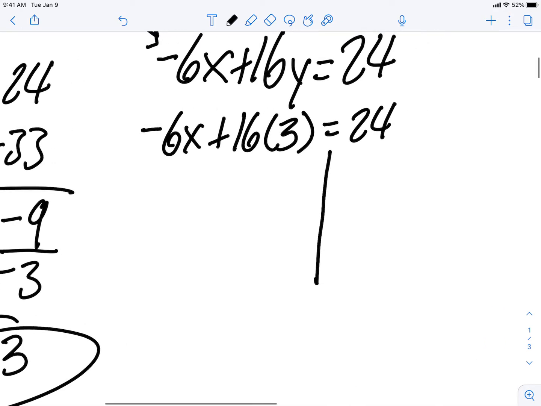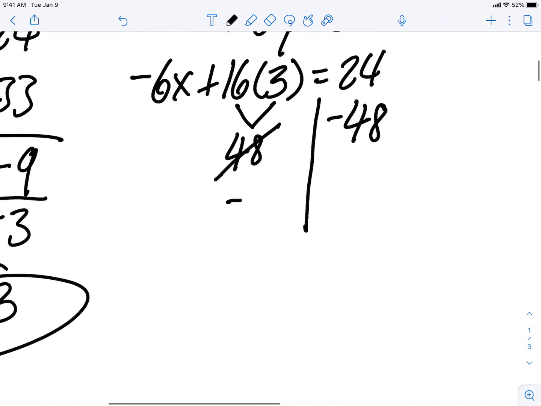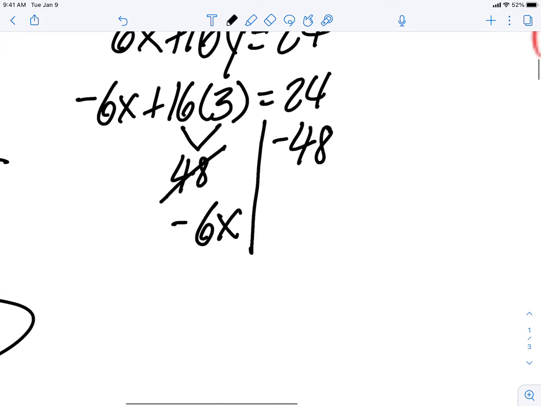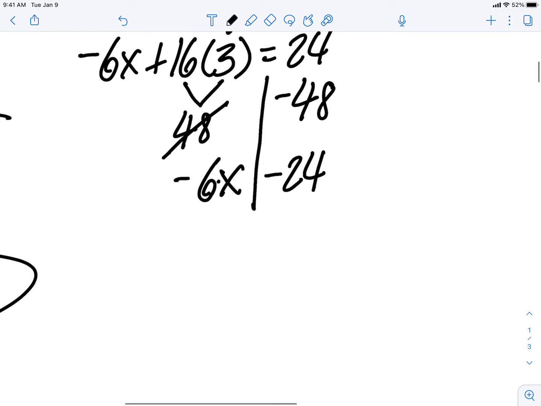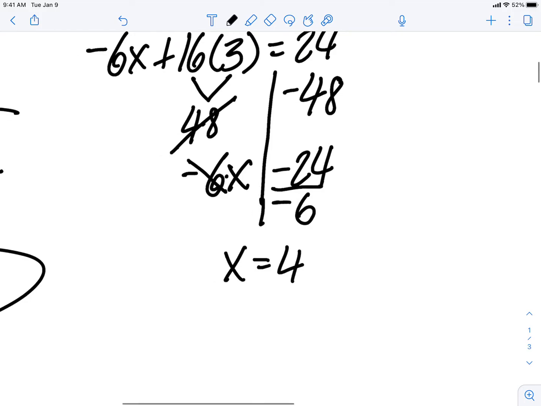Draw my line of separation. 16 times 3 is 48. Immediately move 48 over and make it a negative 48. Negative 6x equals 24 and a negative 48, which is negative 24. The opposite of multiplying by negative 6 is dividing by negative 6. So I get x is equal to positive 4, since negative 24 divided by negative 6 is positive 4.